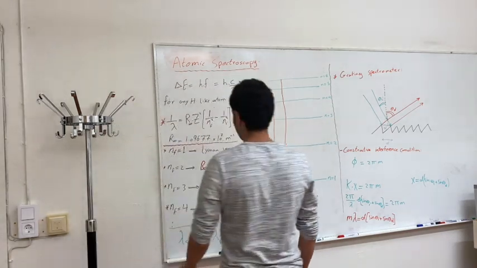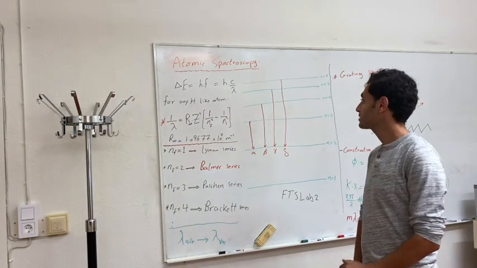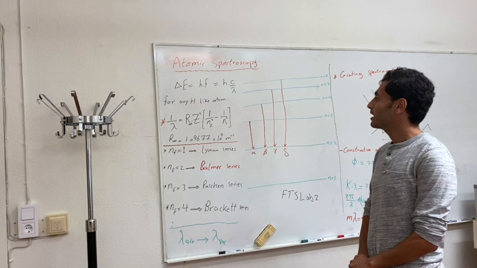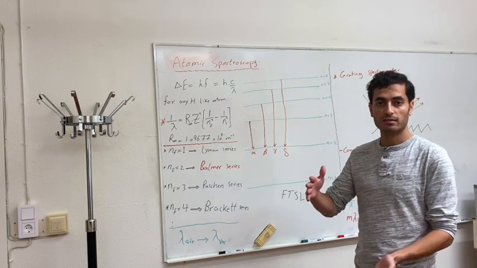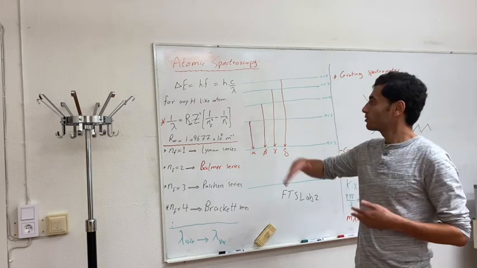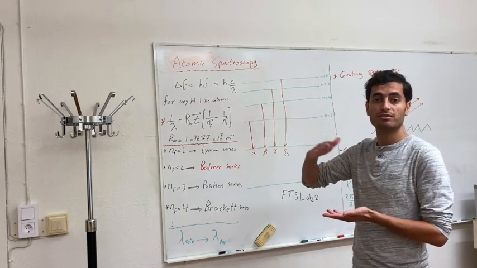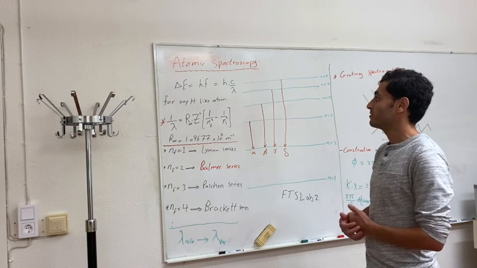So first, we will talk about the atomic spectroscopy. And you know that when the electron gets excited, it only moves in discrete ways from level to level.